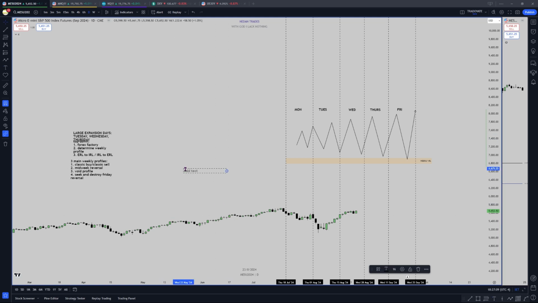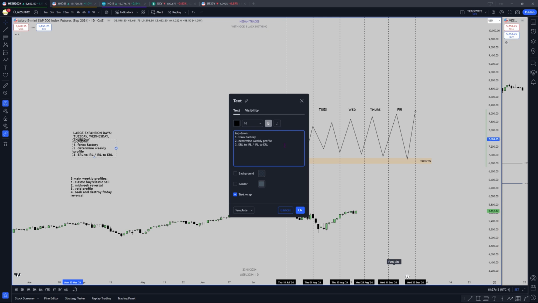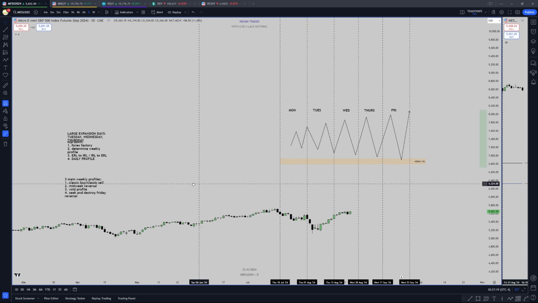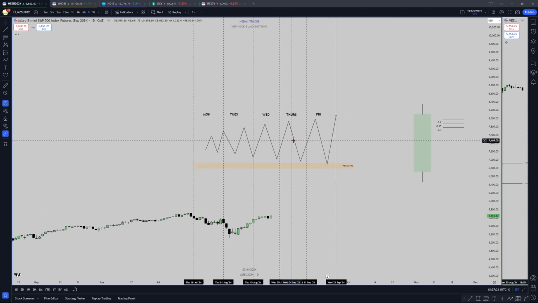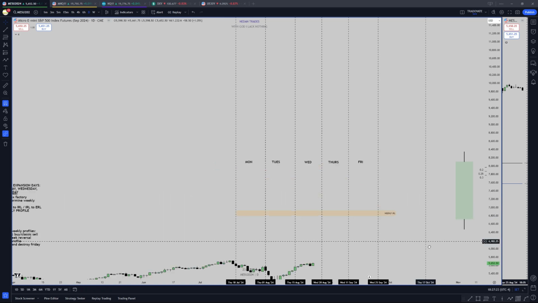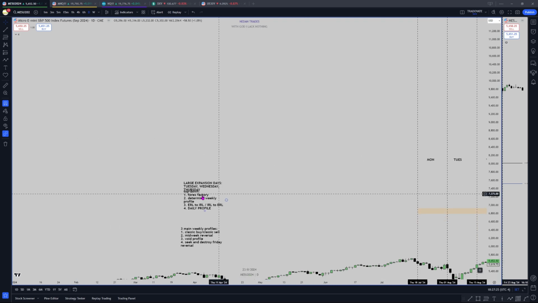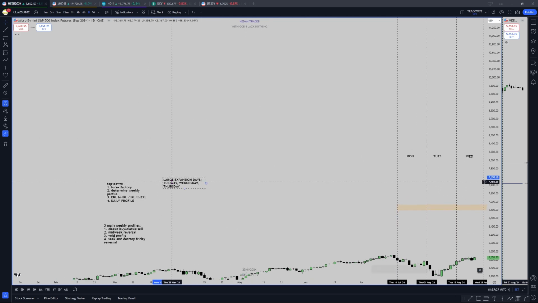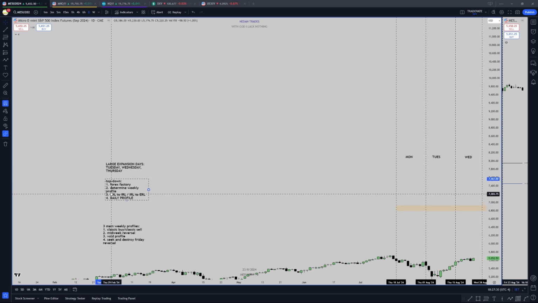So after I do that, what I look for is what daily profile we are in. I don't really know them all off the top of my head, but a very common daily profile would be your London reversal.